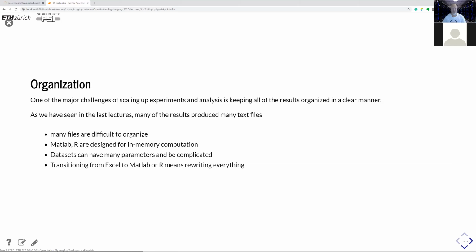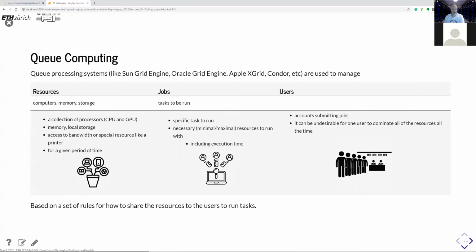Also, in the beginning, people maybe take Excel, and then they want to transfer it because they need more flexibility to write it up in MATLAB or R or Python. Then you really need to rewrite and rethink stuff from the way Excel is doing it into what MATLAB or R or Python is doing.